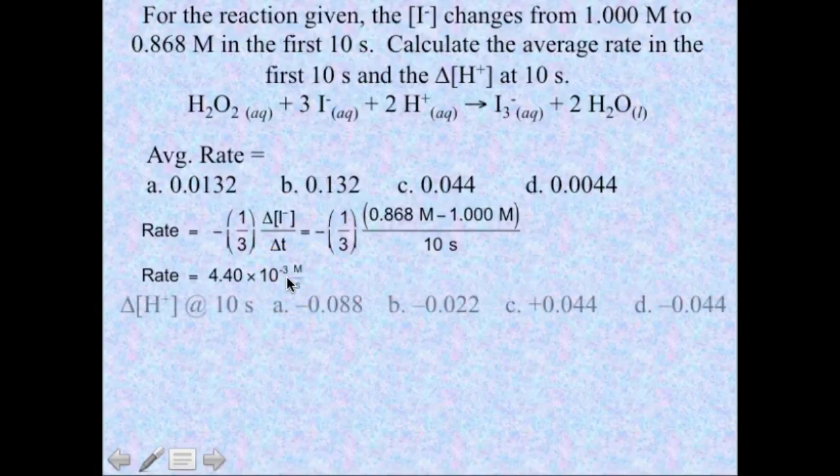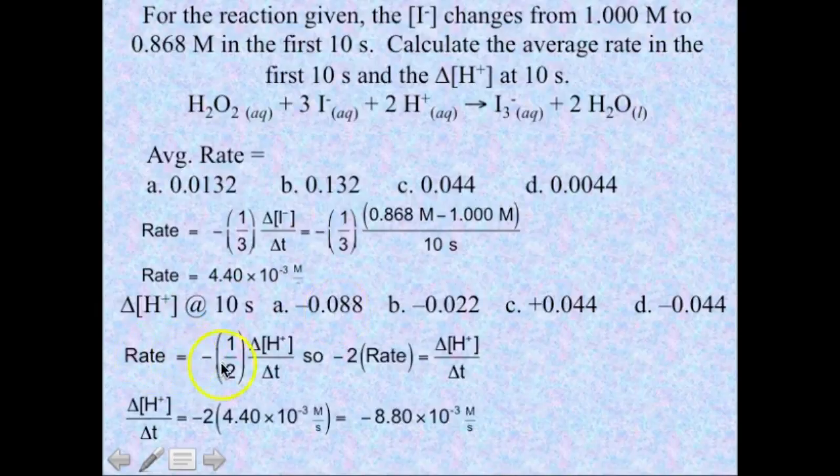Now let's calculate the change in concentration of hydrogen ion at 10 seconds. Turn your playback off, try to calculate it, come back, we'll discuss it. So the rate equals minus 1/2 the change in concentration of hydrogen ion per the change in time. So minus 2 times the rate equals the change in concentration of hydrogen ion over the change in time.